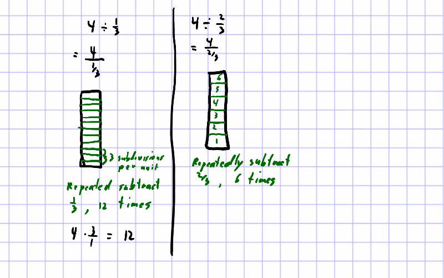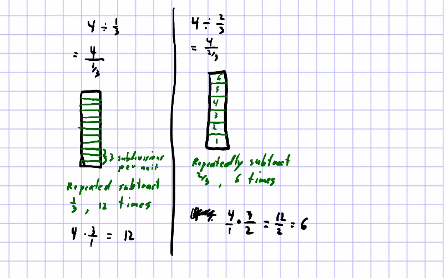Well, lo and behold, if we take 4 and multiply by 3/2, consider 4 as 4/1. So if we multiply by 3/2 instead of dividing by 2/3, we can take what's in the numerator and get 12 and divide that by 2, and we get 6. So we can do half as many subtractions when we're subtracting out 2/3 at a time instead of 1/3 at a time.